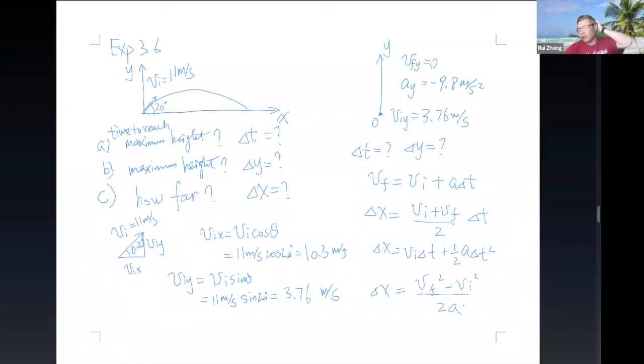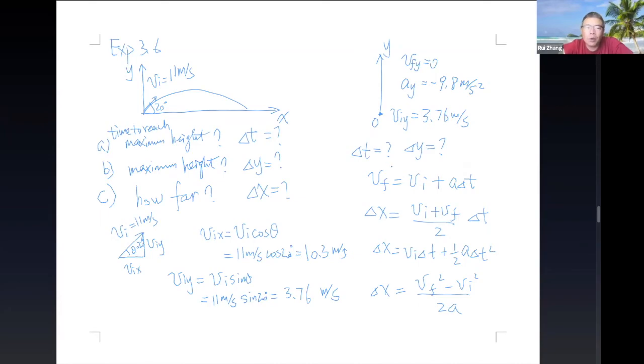Now they're good for 1D motion, but they're good for this Y component as well. One thing you should notice here is normally when I give you those formulas, I give them in a general format, meaning that I have VF, VI, and A specified, right? I didn't call them VI, Y, AY, VFY.